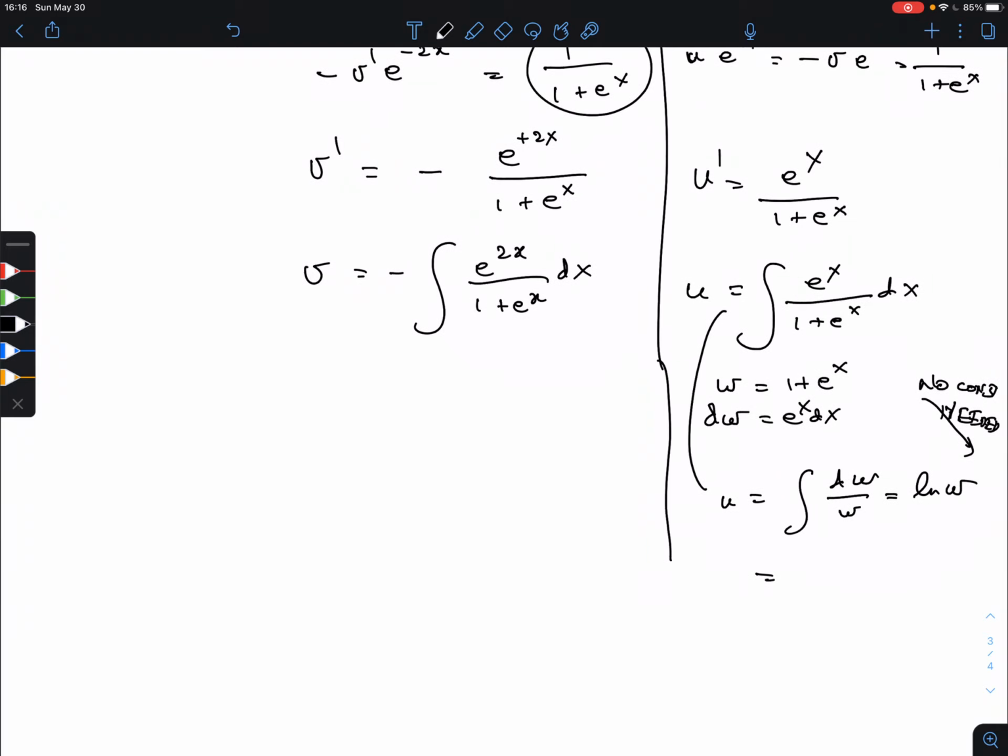And so this is ln w, and what was w? 1 plus e^x. Okay, that's u. What about v? Well, I just said the only thing you can do is substitution here. Now the problem is that if I do w is 1 plus e^x, then dw is e^x dx.